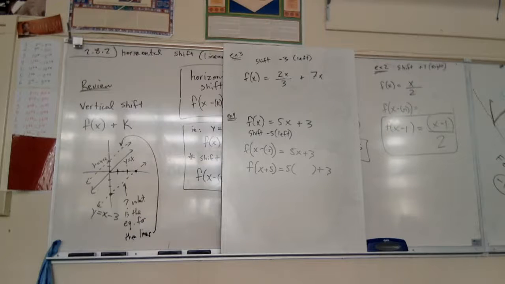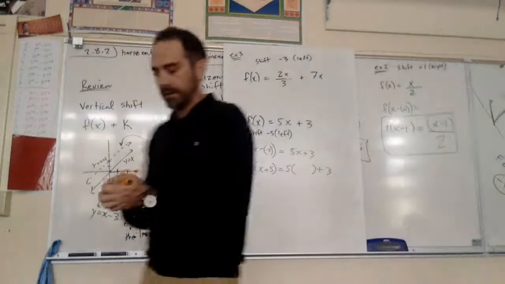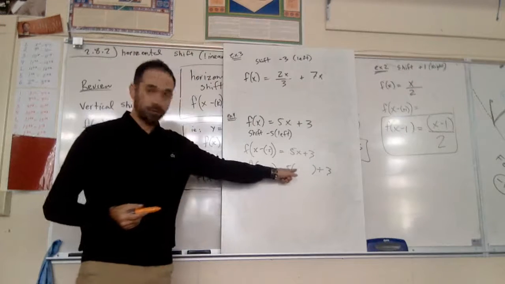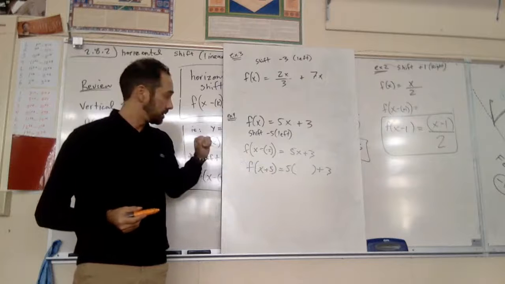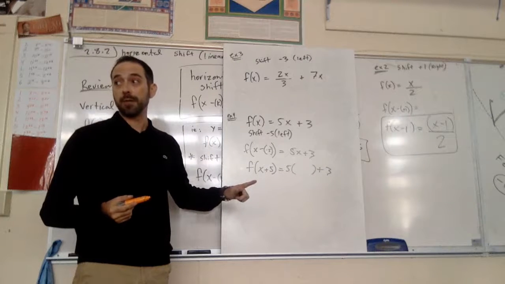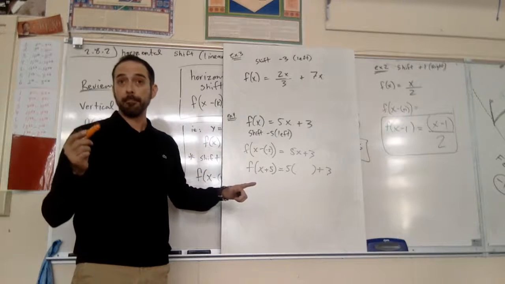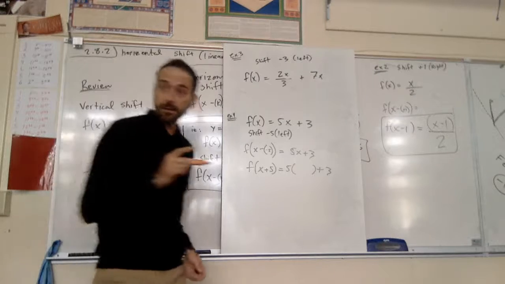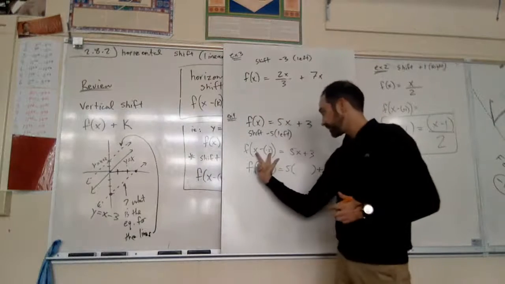All right, how are we looking? All right, Alejandro, what goes in there in the parentheses? 5. Almost. Someone help him out. Yep. X plus 5. Remember that we were setting it up for the shift.